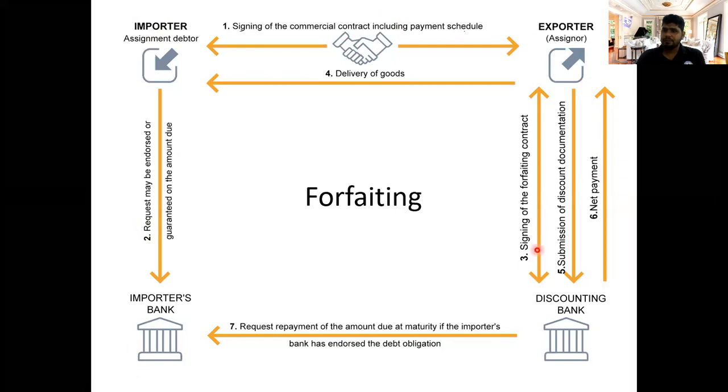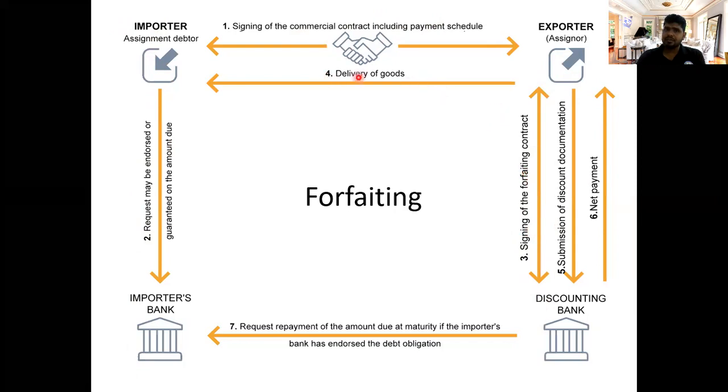Then what will happen? Our company, the exporter, signs the forfeiting contract, saying that we have sold and exported a certain value of goods to the particular importer.